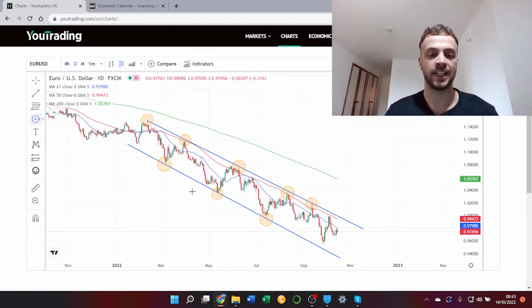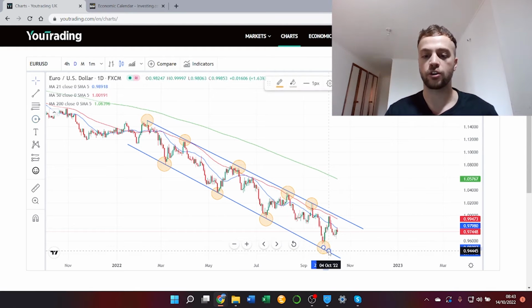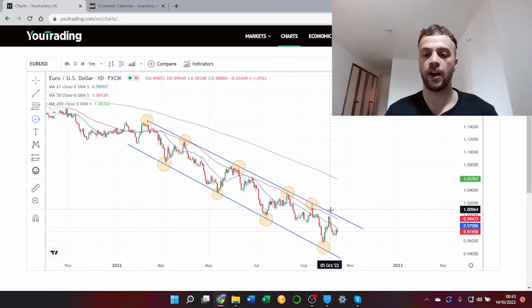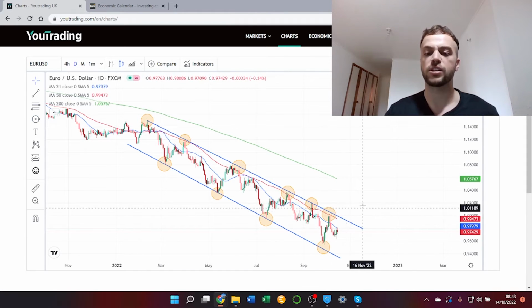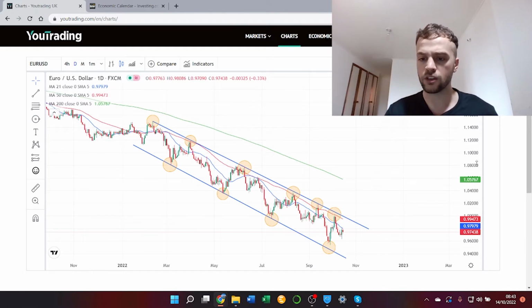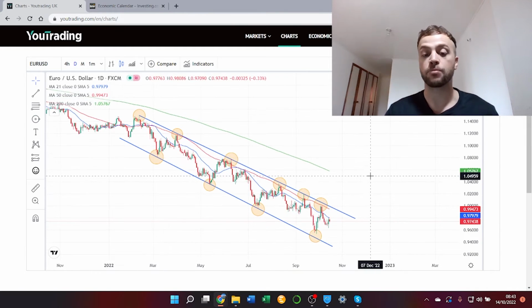More recently, we didn't quite touch the bottom of the trend channel, but we came close and found some support, and then a couple of days ago we came close and found some resistance. So that is an example of trend channels in play.